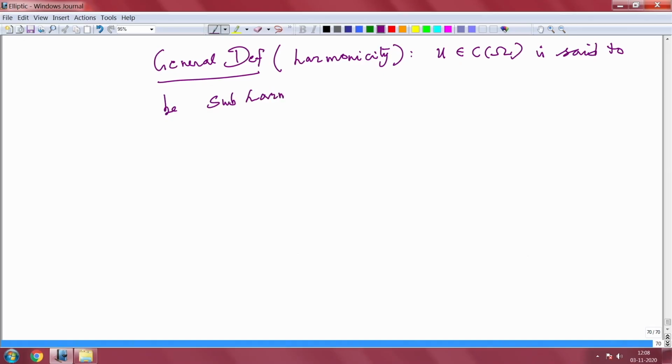if I use the mean value inequality, u(x) less than or equal to 1 by modulus of B_r, integral over any ball B_r of u(y) dy.